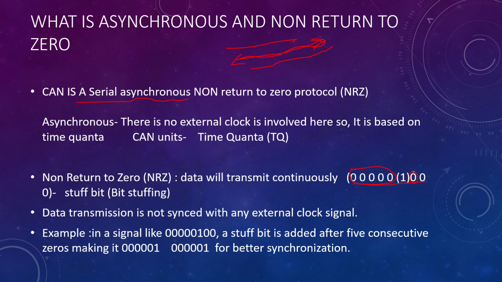Instead of the sixth bit, we have to change the value. If it is all ones, then we have to change it to a zero.